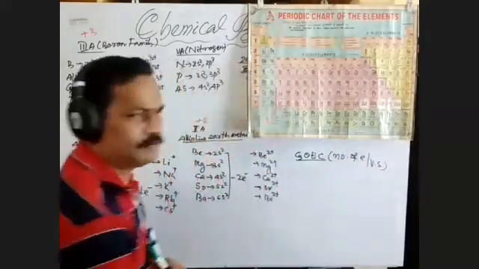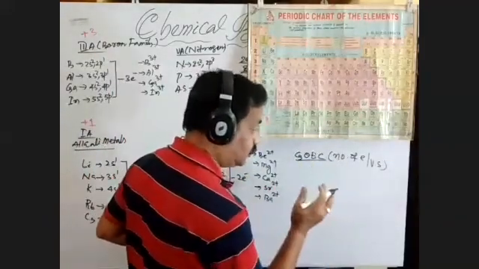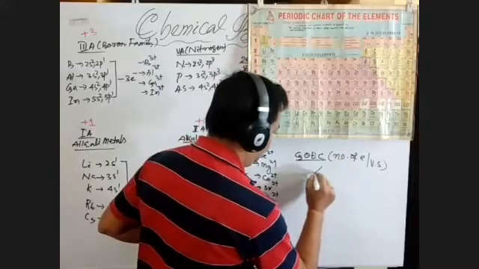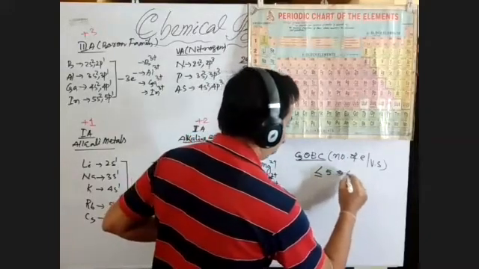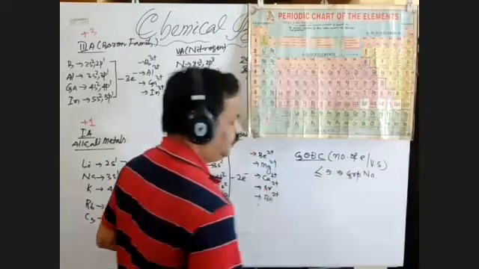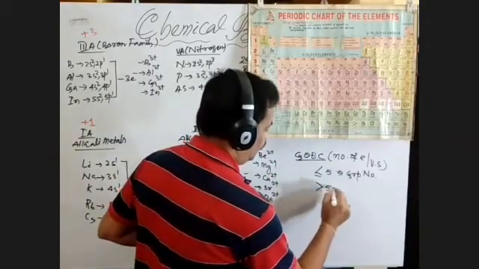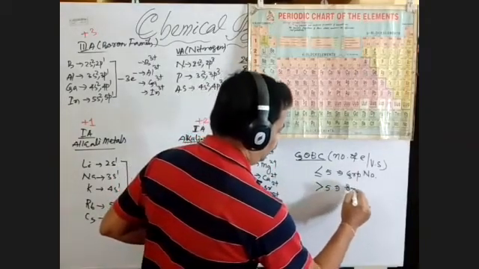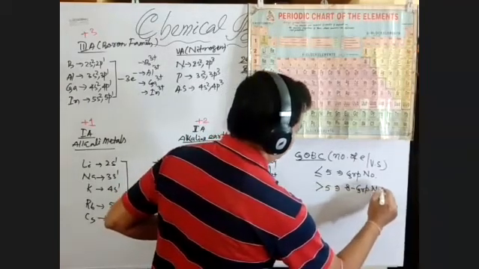I already told you about the valency. If it is less than or equal to 5, it is nothing but the group number. The group number is the valency. Right. And if it is greater than 5, then it is 8 minus the group number. 8 minus the group number is the valency.